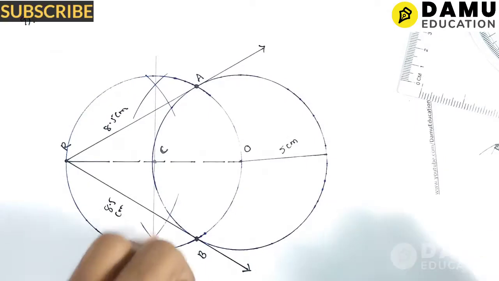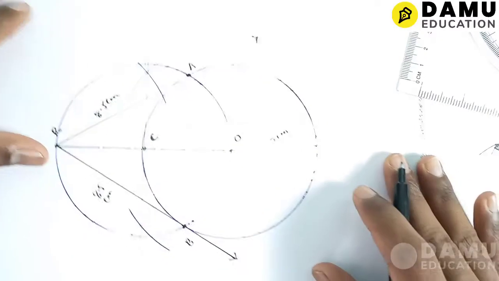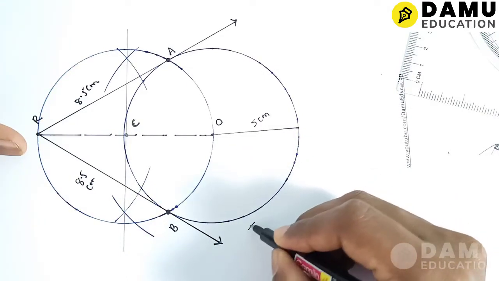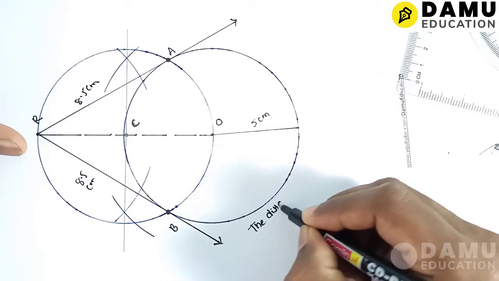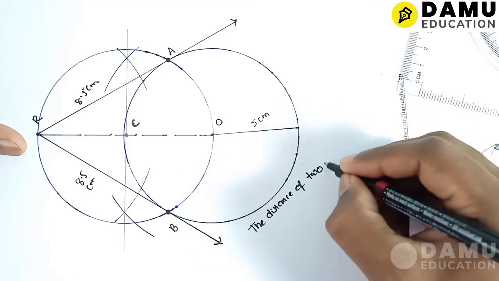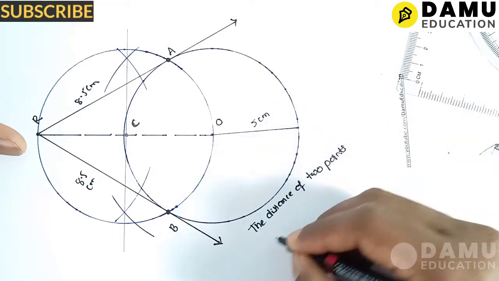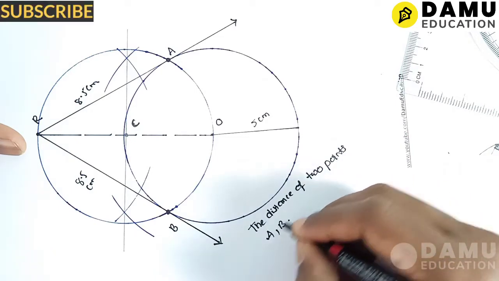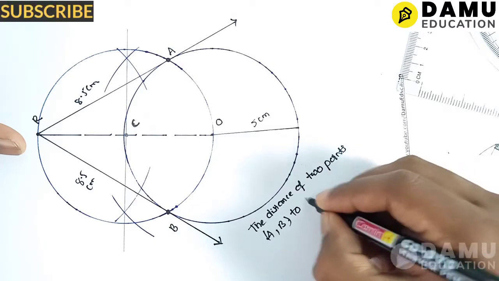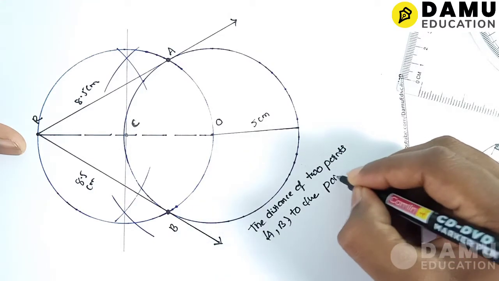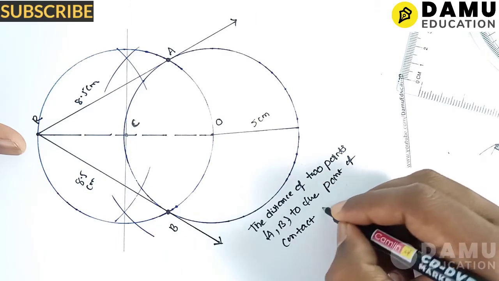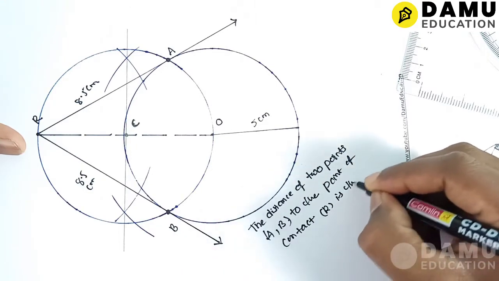So this is the way to draw the construction. So what is the main point here? The distance of 2 points A and B to the point of contact, that is R, is the same.